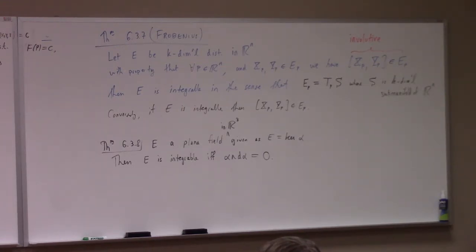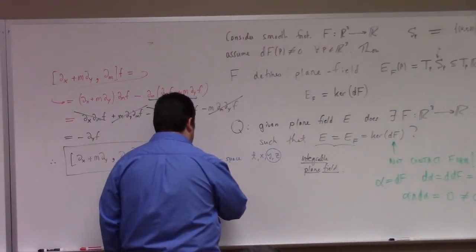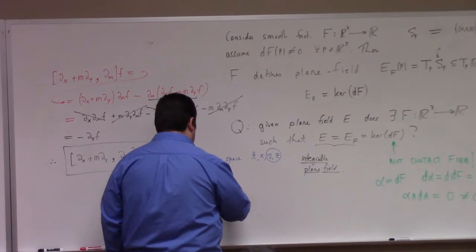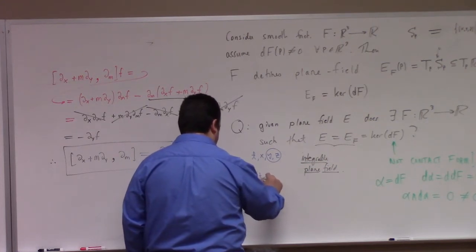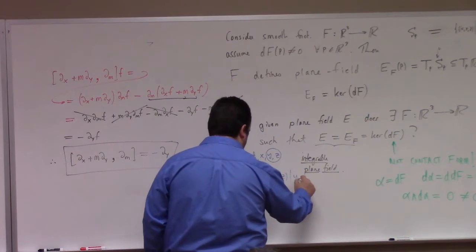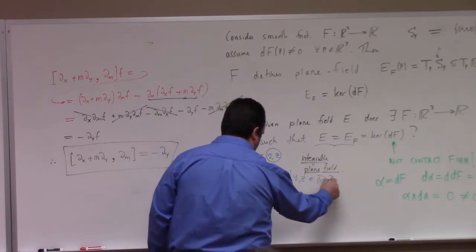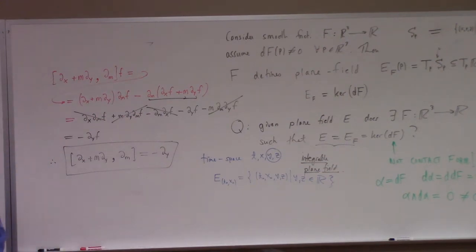So I want to look at my planes as being things like E sub T naught, X naught, so to speak. If I wanted to build that as a kernel, what would that be the kernel of?